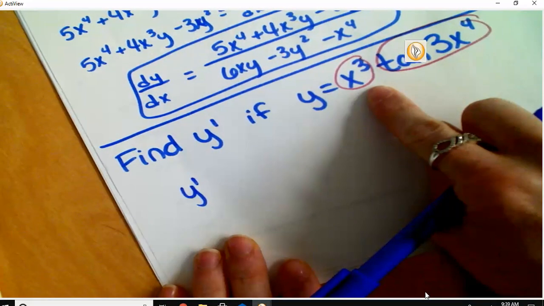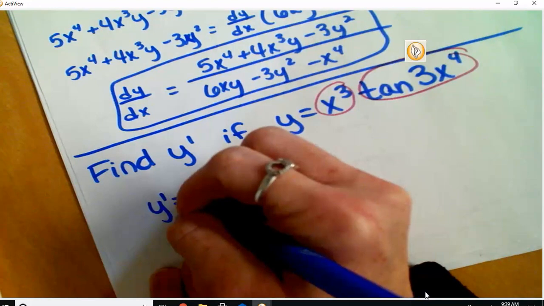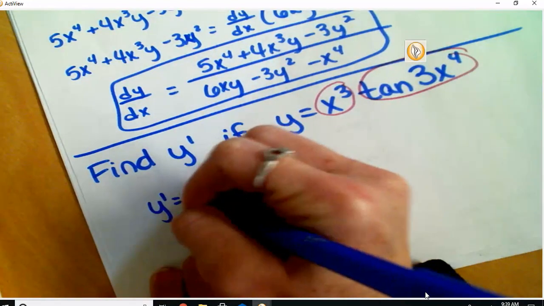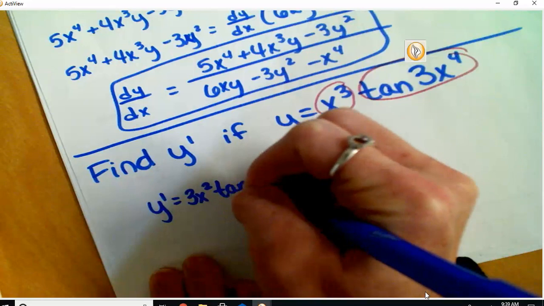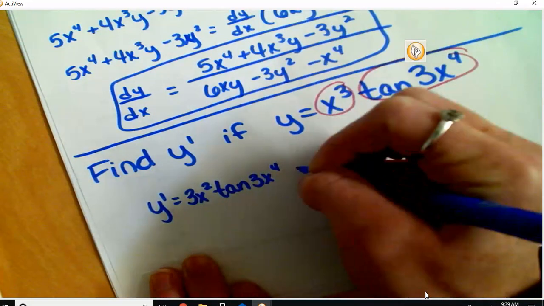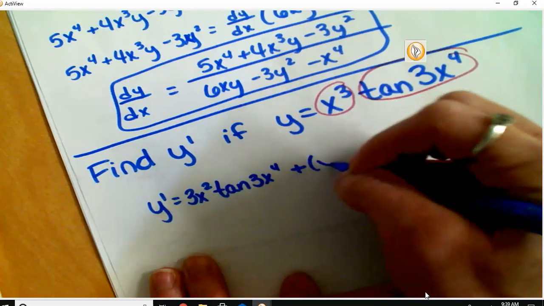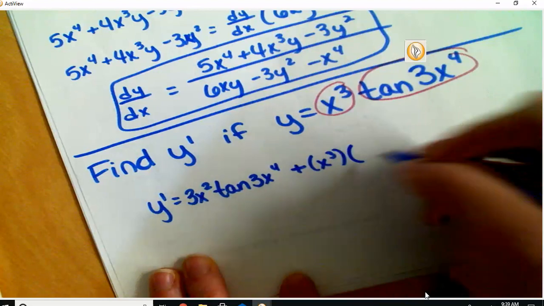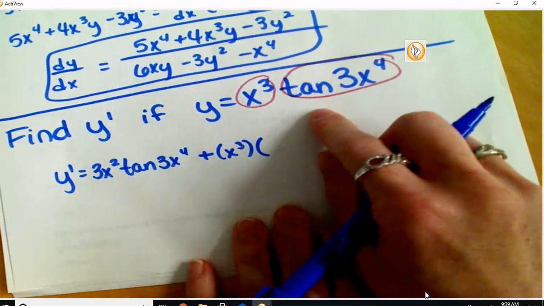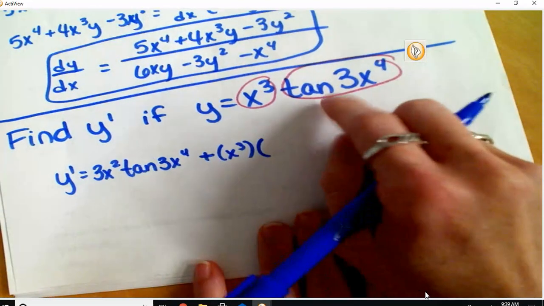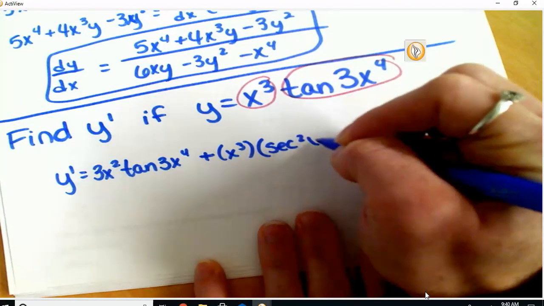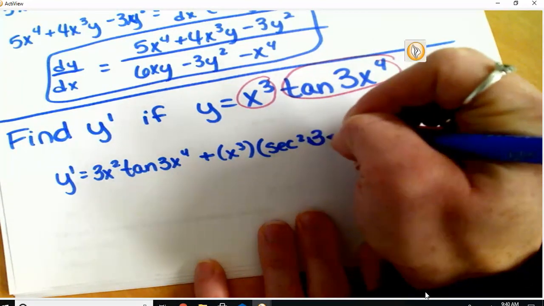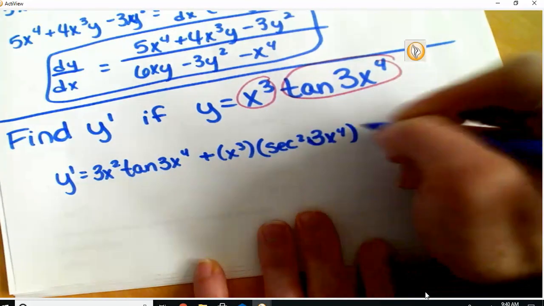So product rule, derivative of the first. So derivative of x cubed would be 3x squared times the second plus the first, so x cubed. Derivative of the second. Okay, you have to know your derivatives of trig functions. What's the derivative of tangent? The angle stays the same. But we have to do the chain rule here.